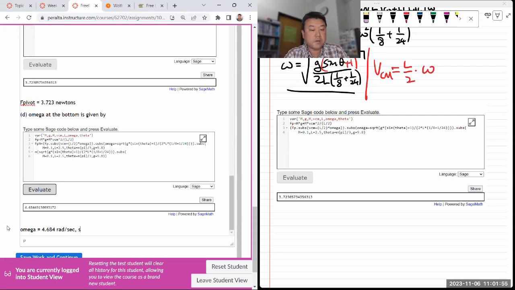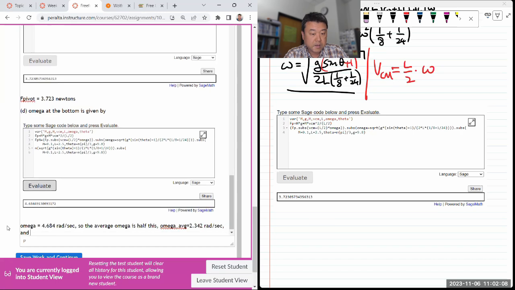So the average omega is half of this. Omega average is 2.342 radians per second, and since average omega is delta theta over delta t, delta t is delta theta over average omega.